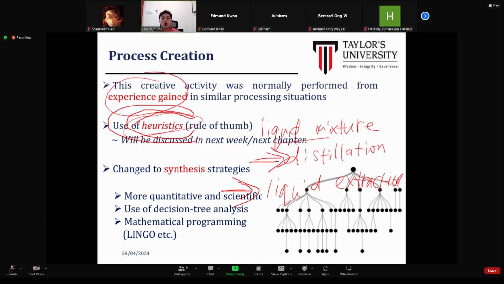This is what we call heuristic. So in other words, heuristic can be considered as experience sharing by the expert, to support us in making the most suitable decision in our chemical plant design. For the heuristic, we will discuss more in our next chapter, chapter number 3.